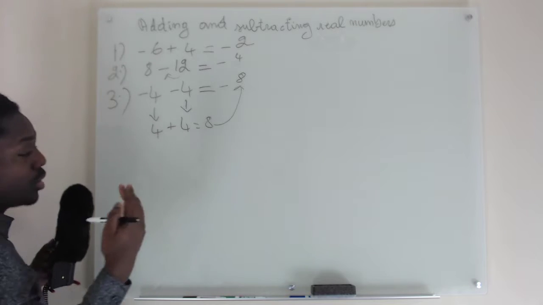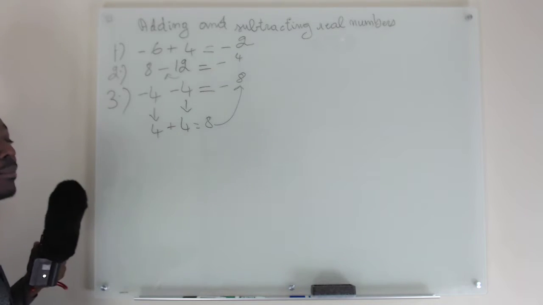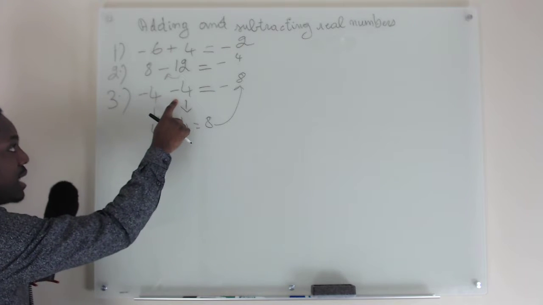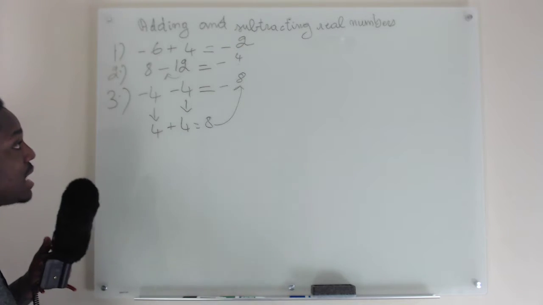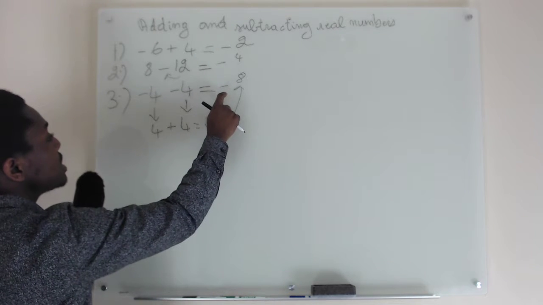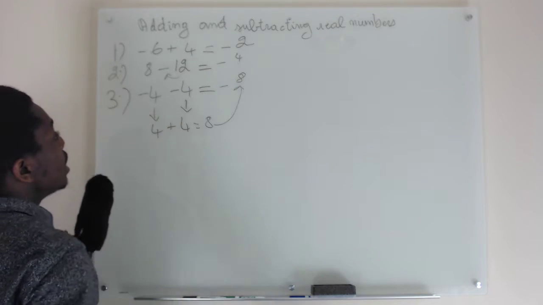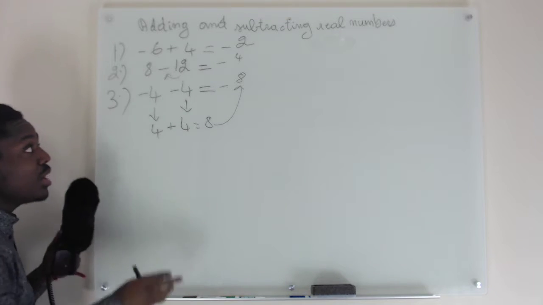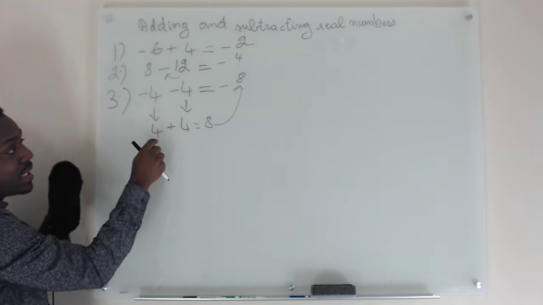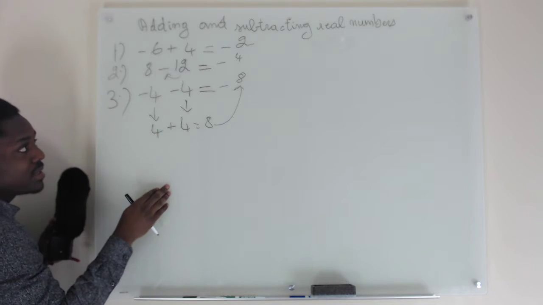Again, the first thing you have to do: if two numbers have the same sign, so there's a negative sign here, there's also a negative sign here. Since these two signs are the same, you keep the sign, negative. Now you forget the sign of these two numbers and write them without their signs.